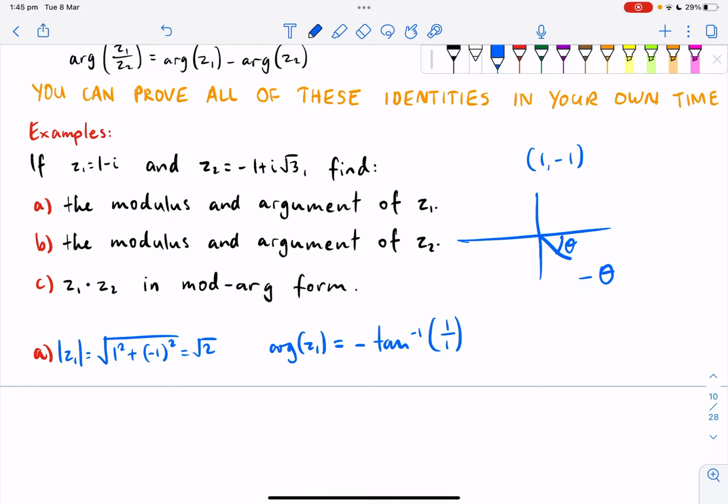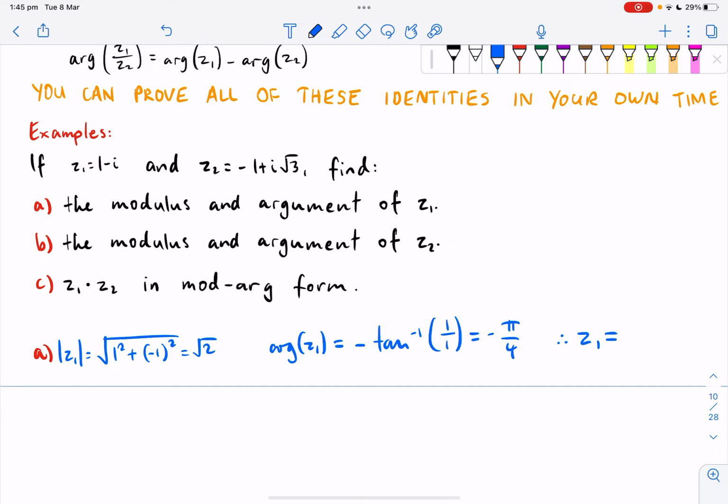And that'll be enough. So this results in negative pi on 4. So look at that, I know my complex number in its entirety now. Therefore, for part A, I can say z1 equals the square root of 2 cis negative pi on 4. And if you recall, cis is the short way of writing cos theta plus i sine theta. And there we go. Hopefully that's clear to everyone.